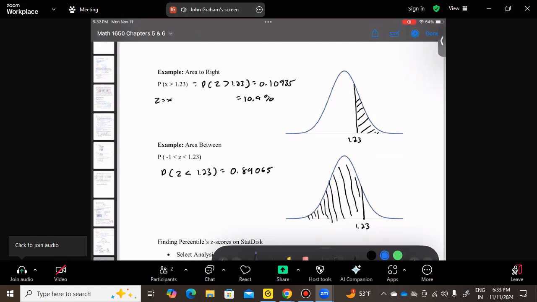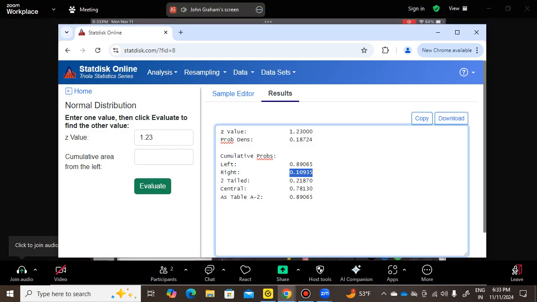Now we want the probability of z less than -1. Now I'm saying less than -1 because we want this area here that we're going to basically subtract off. All right, so let's put in -1. Evaluate. We take the area to the left. 0.15866.